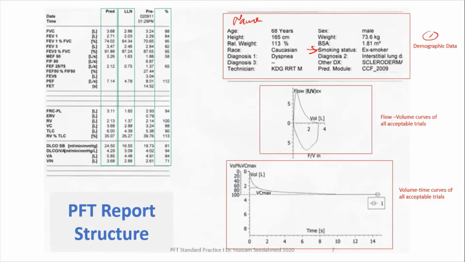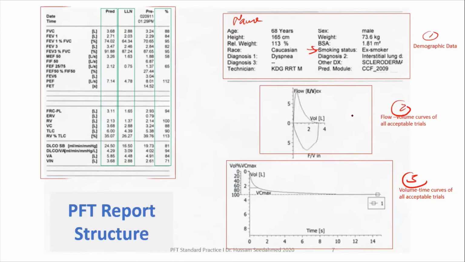But it is preferable that it should include all the acceptable trials of the patient. So the first component of the PFT report is the demographic data. The second component is the flow volume curves. And the third component is the volume time curve. Next slide, what is the difference between the flow volume curve and the flow time curve. So they should be included.